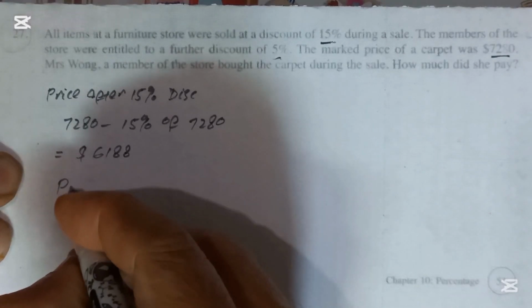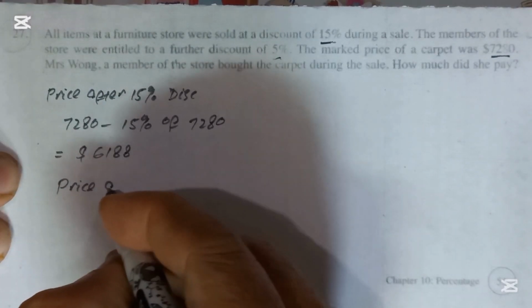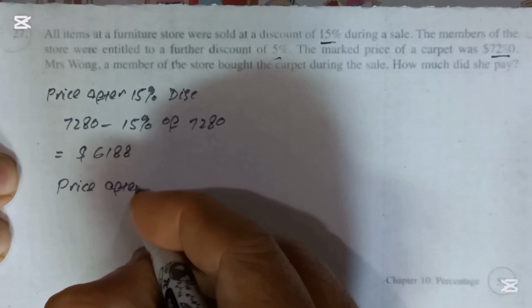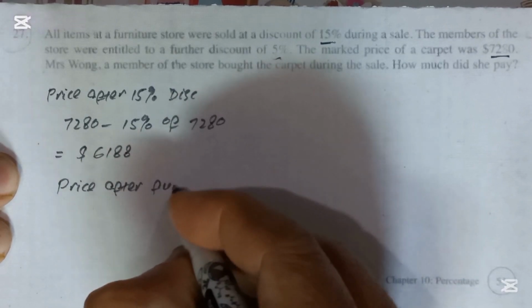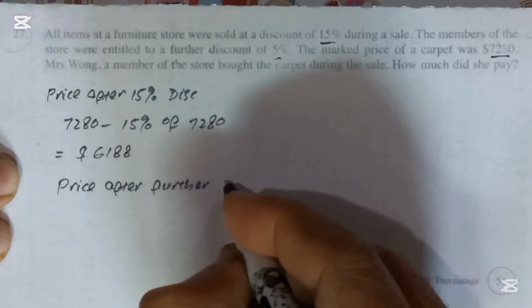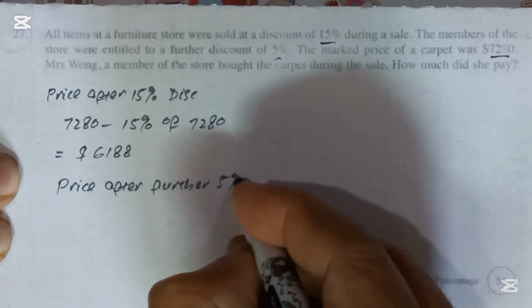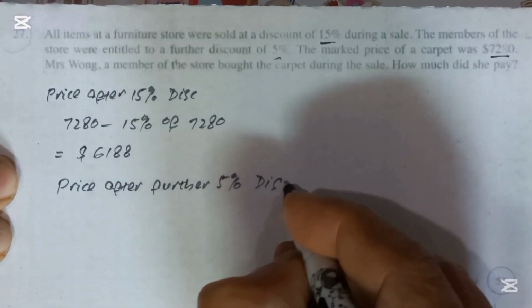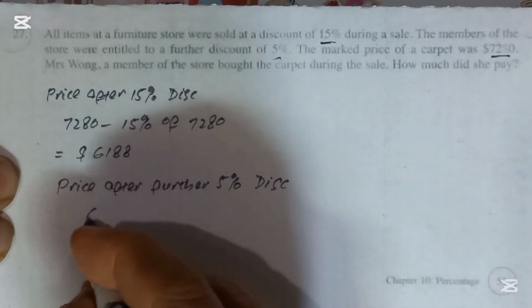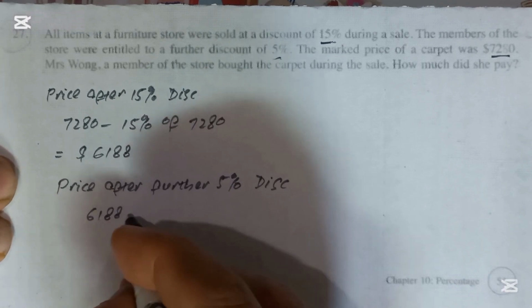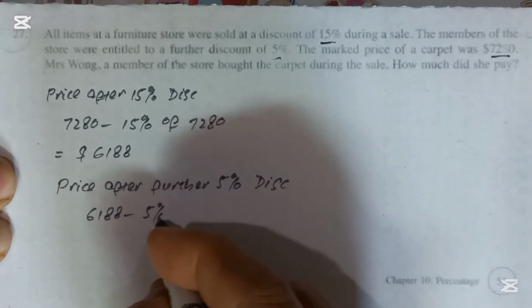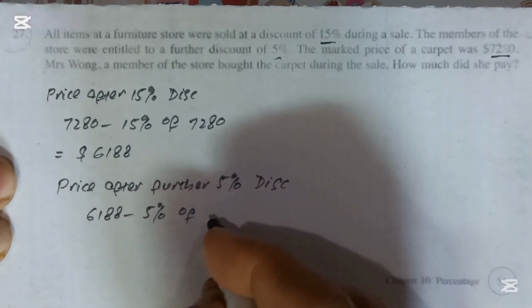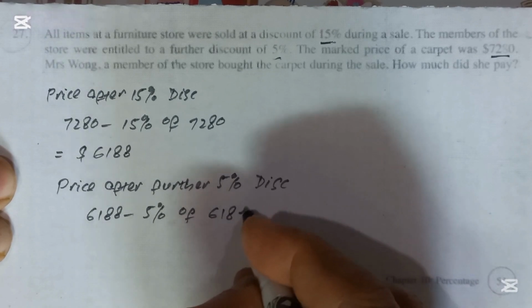So price after further 5% discount will be equal to 6,188 minus 5% of 6,188.